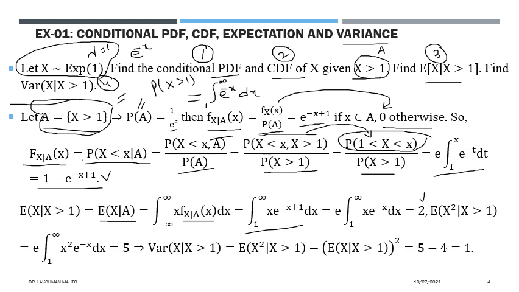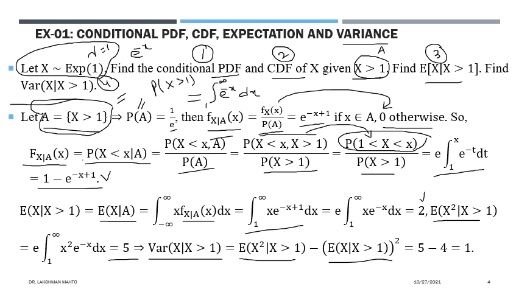Similarly, we can calculate the second conditional moment in order to calculate the variance, because it is relatively easier to calculate the second moment than the variance. So we directly calculate the second moment, x square given A, and if you simplify it, it comes to 5. Now we know the definition of variance. It is the difference between the second moment and the square of the first moment.